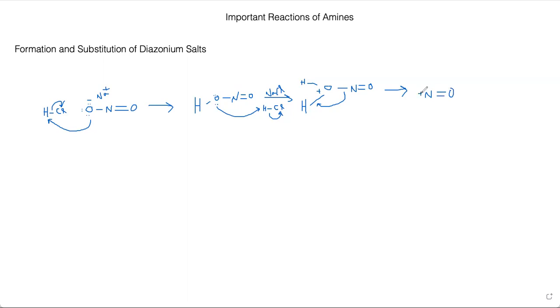So next what's going to happen is that we'll take our primary amine and our nitrosyl cation, and we've got a lone pair here, which is going to attack the nitrogen of that nitrosyl cation, which results in this compound here.